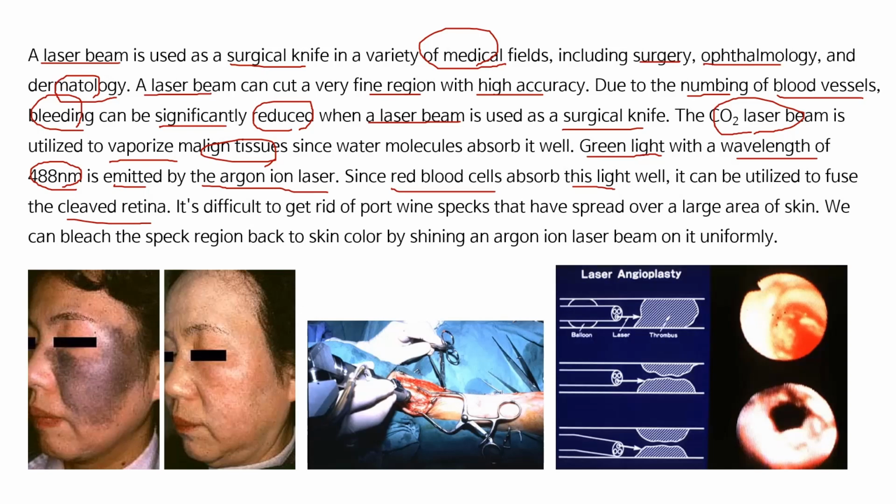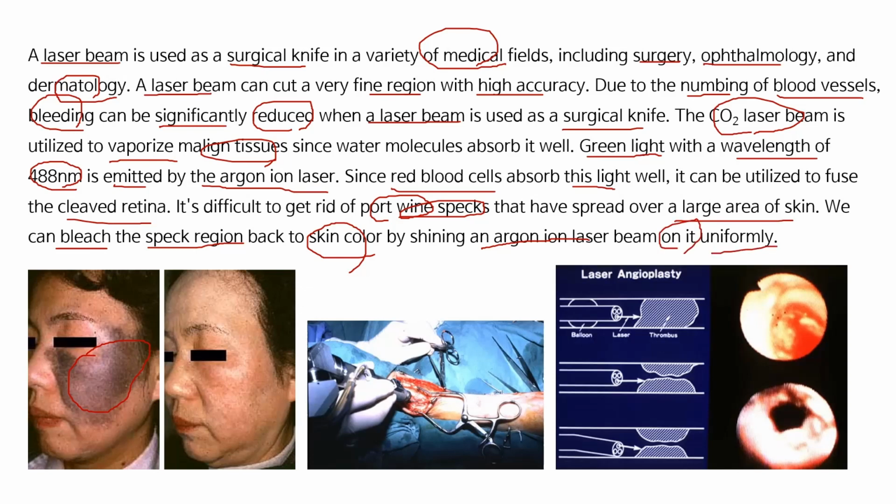It's difficult to get rid of port wine stains that have spread over a large area of skin. Here, we can bleach the stain region back to skin color by shining an argon ion laser beam on it uniformly.